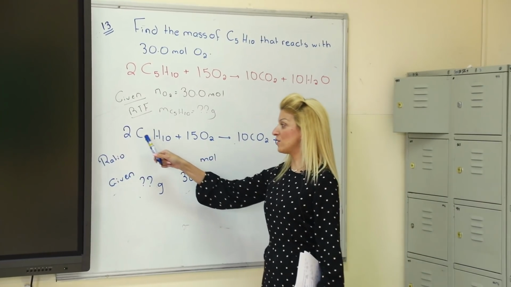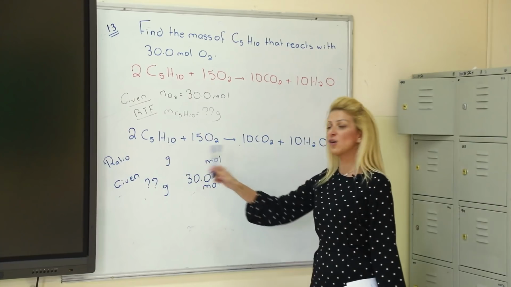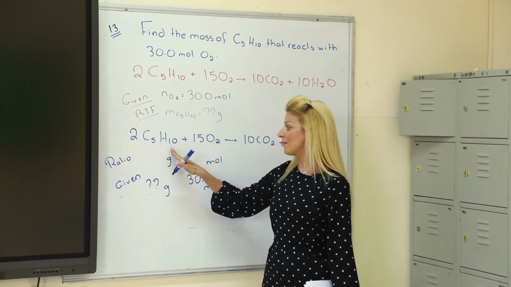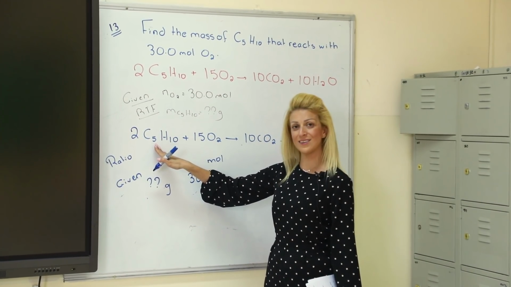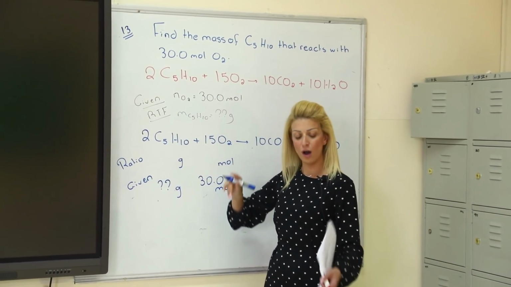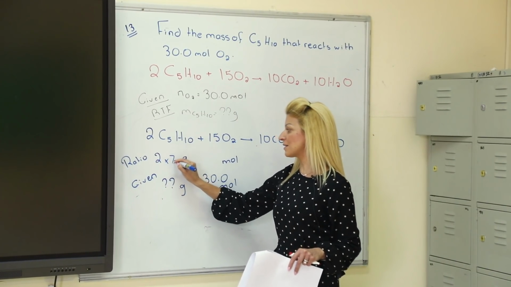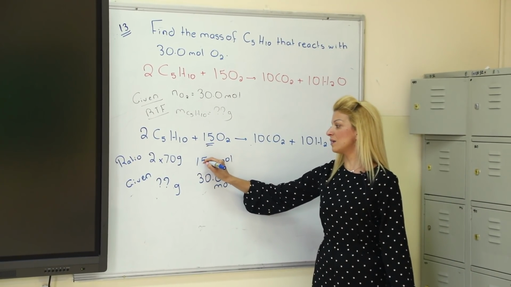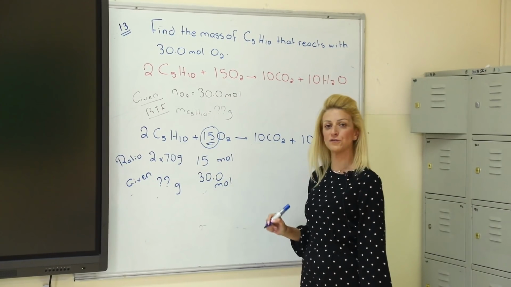So from our equation, 2 C5H10s have a mass of how many grams? Each C has a mass of 12, and each H has a mass of 1. So 12 times 5 is 60, plus 10, 70, times 2, 140. So 2 times 70 grams reacts with 15 moles from the equation because the coefficient of O2 is 15.